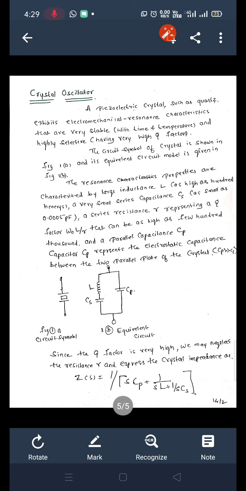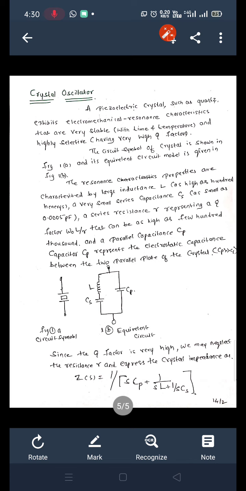This is a piezoelectric crystal, usually such as quartz, which exhibits electromechanical resonance characteristics that are very stable with time and temperature.